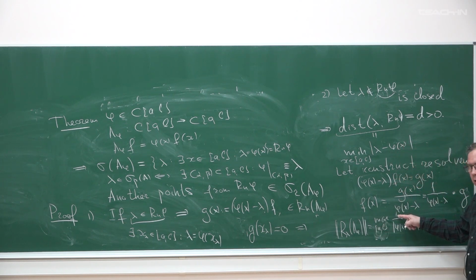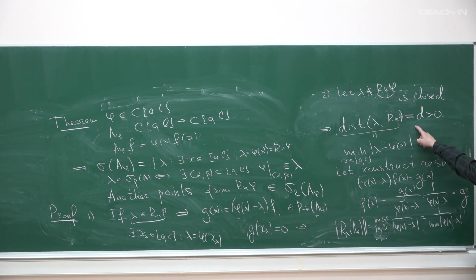But the numerator is constant, so this ratio has maximum when we put into the denominator the minimum. But this minimum is just the distance between lambda and the range of phi, it is positive. So it equals 1 over d, which is less than infinity, so it is bounded.